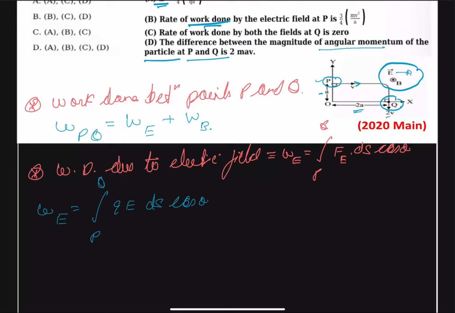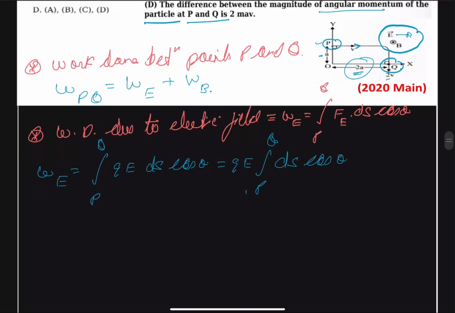We can take qE outside, so this comes as qE times the integral from P to Q of ds cos theta. And we can see that the electric field is parallel to the x-axis, and the displacement along the x-axis between points P and Q is 2a. Therefore, this integral will be equal to 2a.